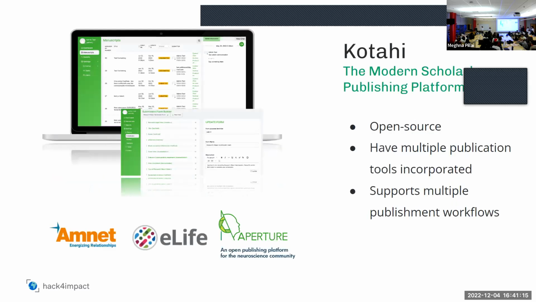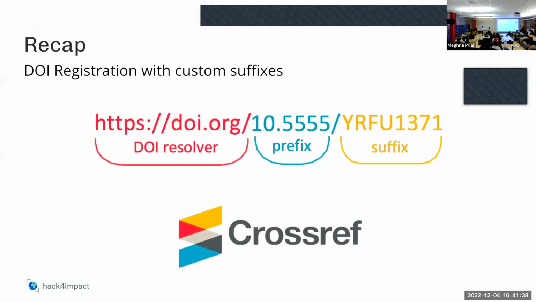Specifically, we're working on Kotahi, a tool dedicated to the editing, reviewing, and publishing process of research papers, e-prints, and micropubs. Many large science organizations, like MNet, eLife, and Aperture, already use this tool to manage their internal review and publishing workflow. So where do we come in?